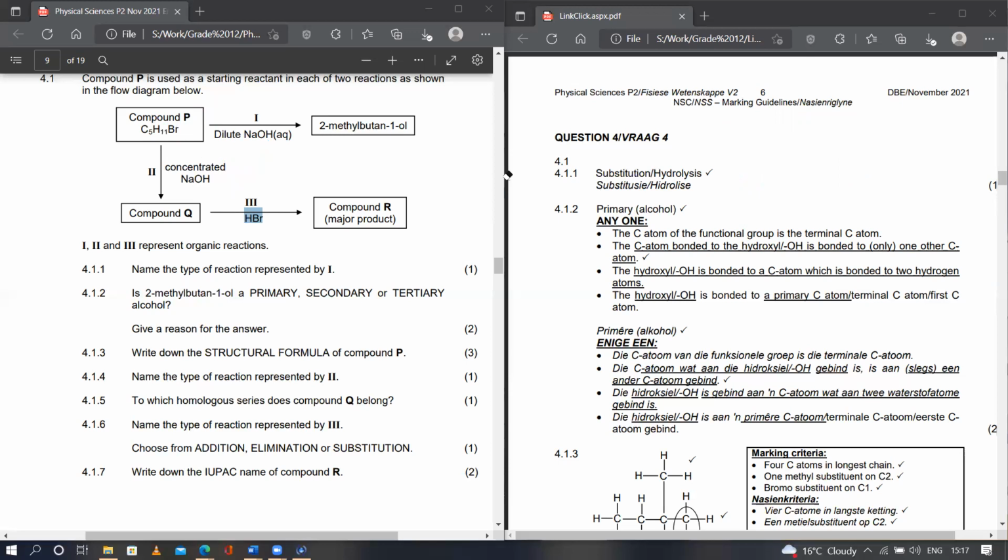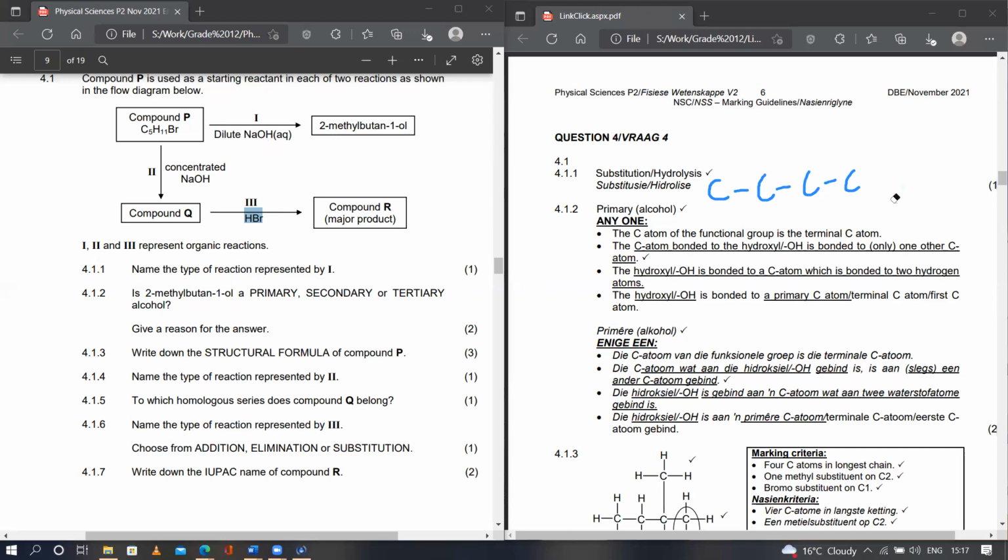So now we're gonna go to the next question. They say write down the structural formula of compound P. So for compound P, you have 5 carbon atoms. Oh, 1, 2, 3, 4, 5. Oh yeah, I'm sorry.